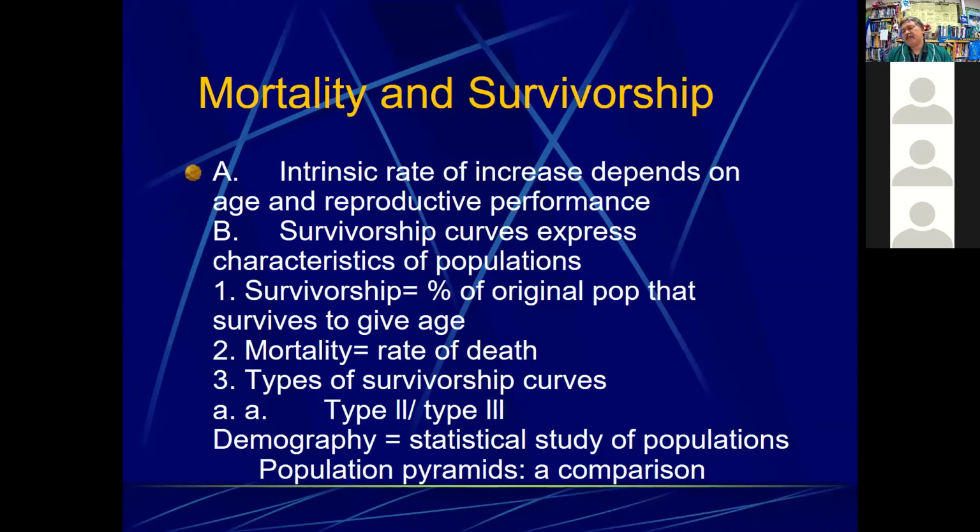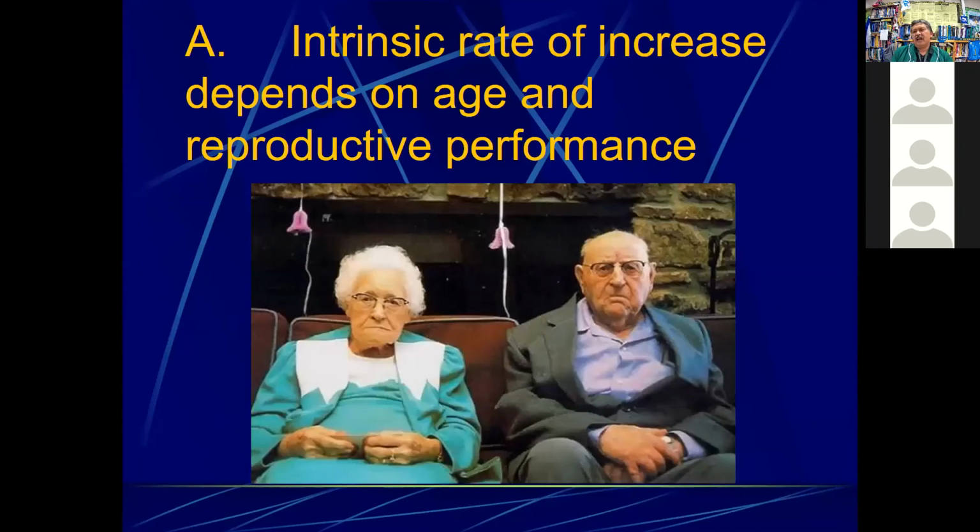All right, so let's take a quick look at mortality and survivorship and how that relates to human populations. This is an organizing slide. Let's just go right into this. There's an intrinsic rate of increase that depends on age and reproductive performance. If your population is older, you're going to have lower reproductive expectations.